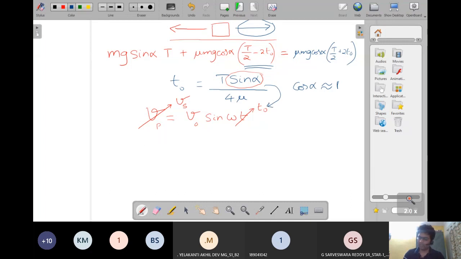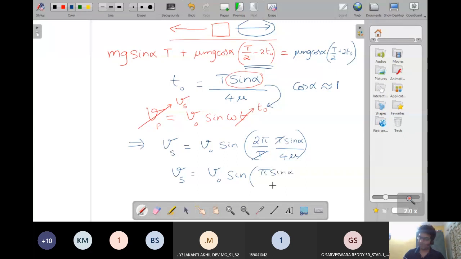Which means I end up having V steady is equal to V naught sine of omega, where omega is 2 pi by T and T naught is T sine alpha divided by 4 mu. So T gets cancelled and you'd get V steady is equal to V naught sine of pi sine alpha divided by 2 mu.